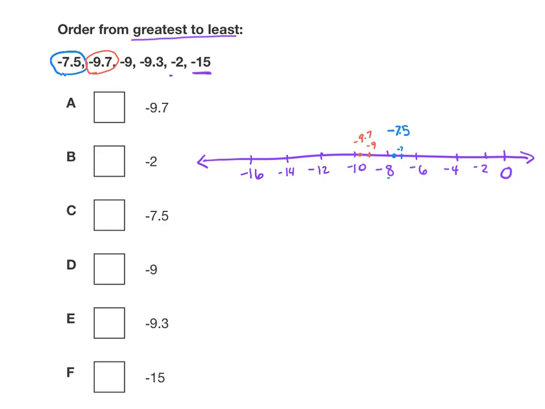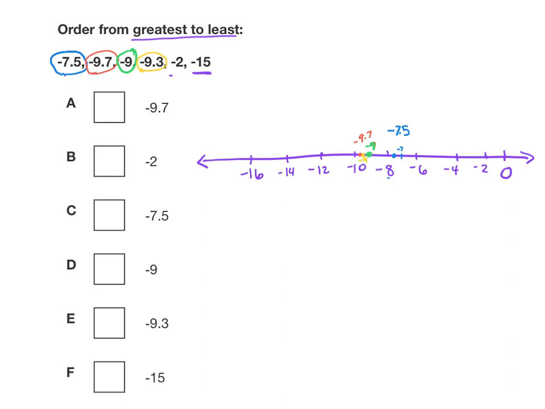And then the next would be negative 9. So I'm going to say negative 9 is green. And we already graphed that one. So here's negative 9 in green. And then negative 9.3. Let's put it in yellow. You can think of it as like negative $9 and then negative 30 cents, or negative $9.30, right?